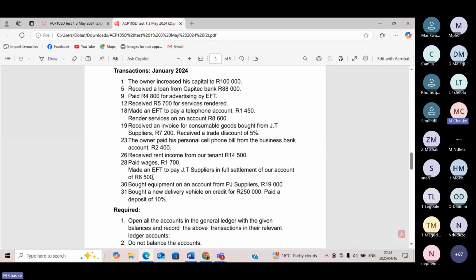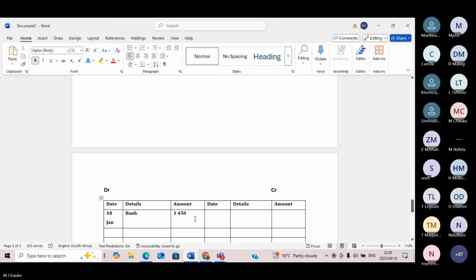Now we received another discount, because if you check our creditors account up there, this account is going to be discount received, because we received a discount here.